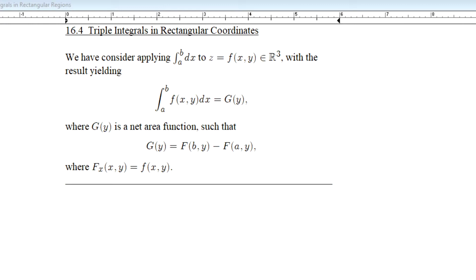And now what we're going to be introducing in section 16.4 is this operation known as triple integration. We're going to be applying the triple integral operator to functions, and we're going to learn in chapter 17 that this is also known as a solid integral. We've gone from linear to surface to now solid integrals in our calculation, folks.